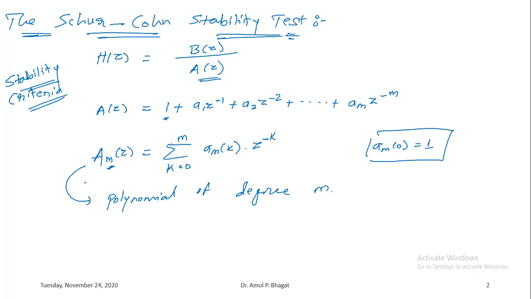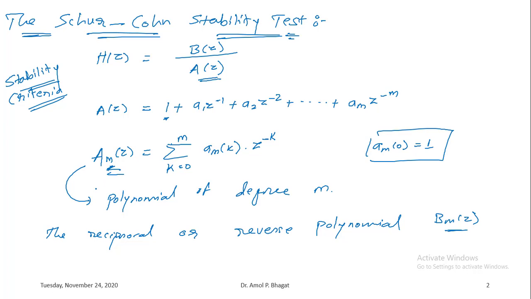So from this Am of z we'll be identifying the reciprocal or reverse polynomial, which is indicated as Bm of z. So this Bm of z will be identified by using Am of z, right?